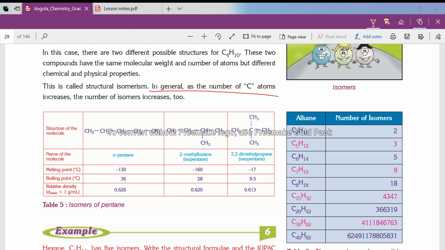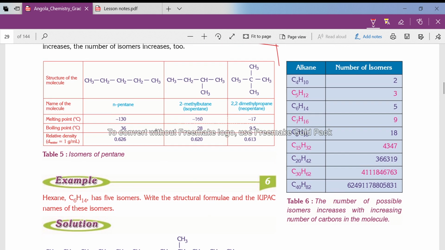Look here in this table. The number of possible isomers increases rapidly. C4 can have 2 isomers, C5, 3 isomers, C6, 5 isomers, C7, 9 isomers, C8, 18 isomers.